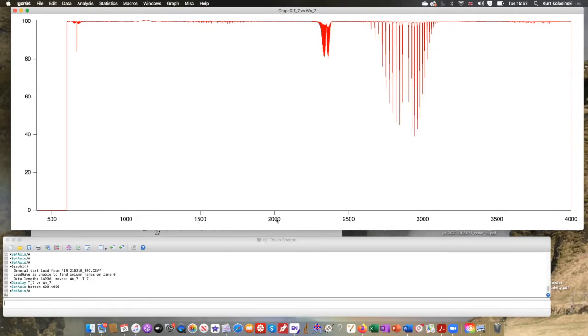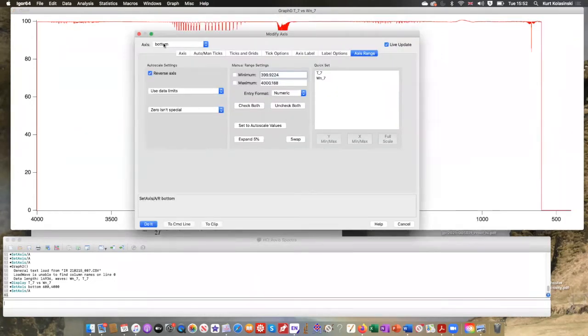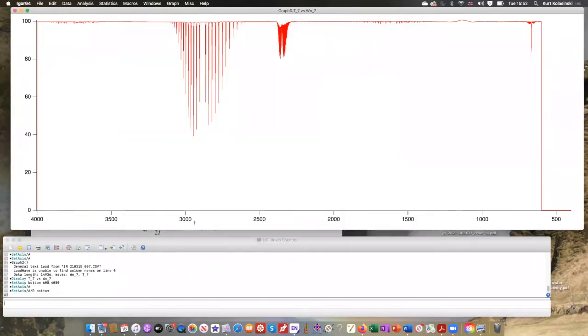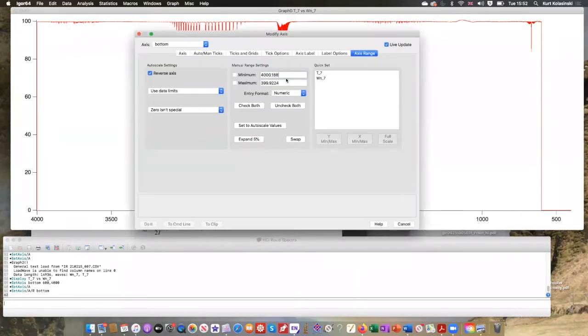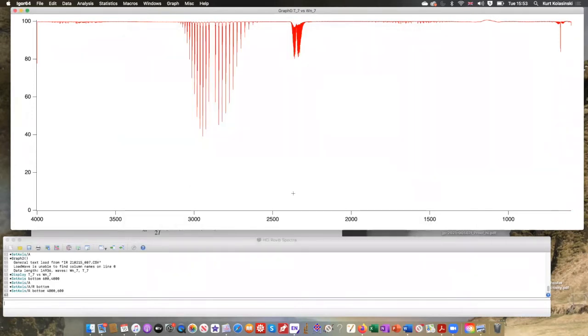And in order to do that, what we'd have to do here is reverse the bottom axis. If we reverse the bottom axis, that's the way it was actually printed out with the Omnic software, right? And now we can come in here and we change that to 4,000, that's fine. And then 600 down here, let's say, that's the useful range. Don't show that garbage stuff that came out at the end.